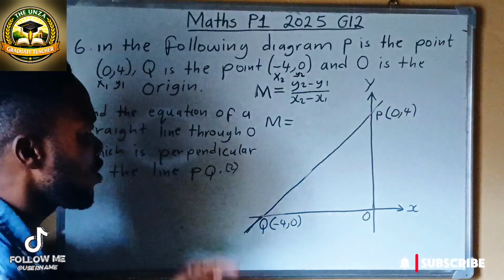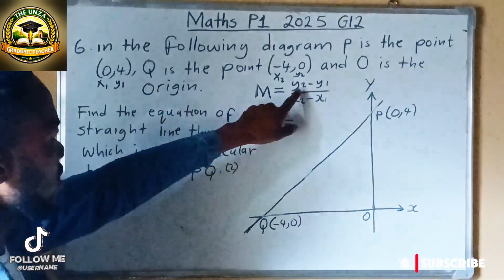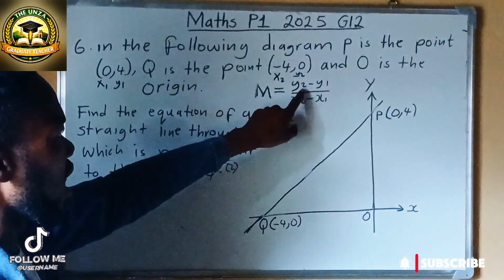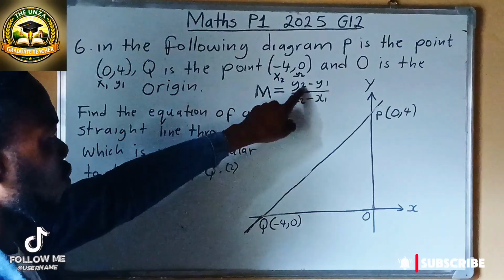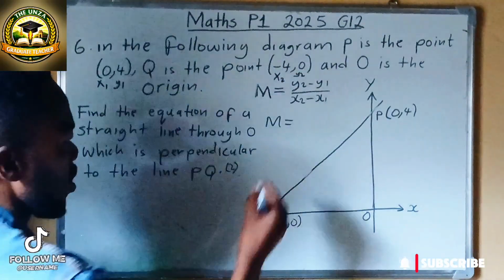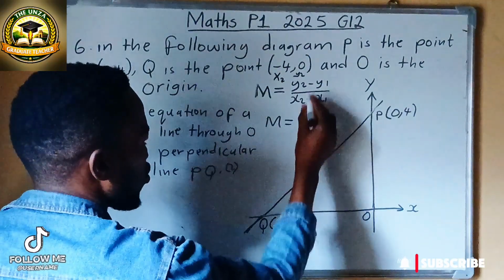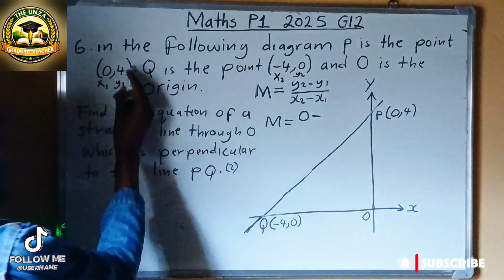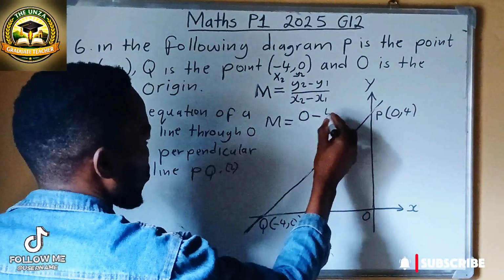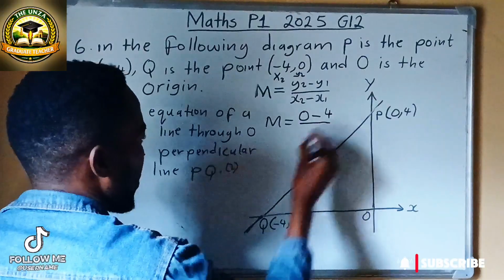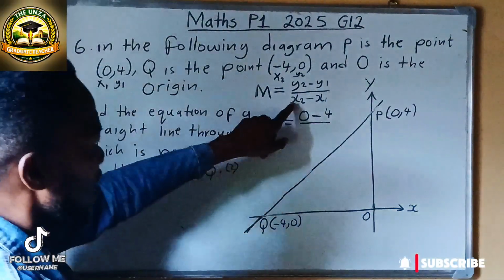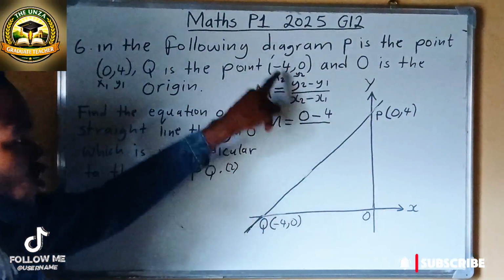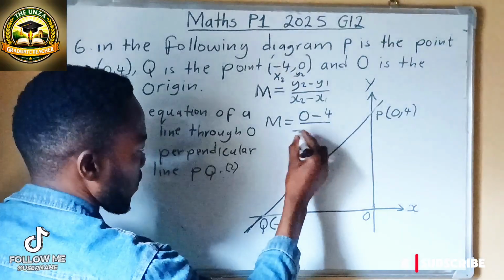So now, which one have you made y2? Y2 here is 0. So you replace 0, then you put a minus, then y1 is here, which is 4. Then you say over x2. Your x2 here is -4.